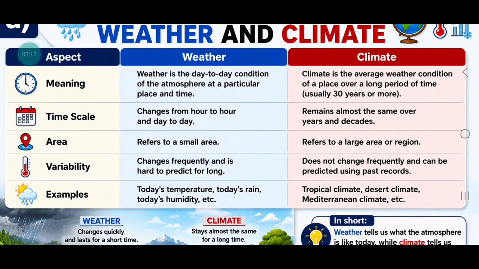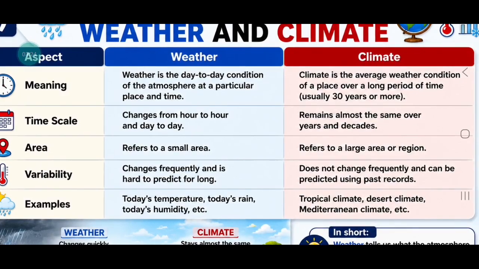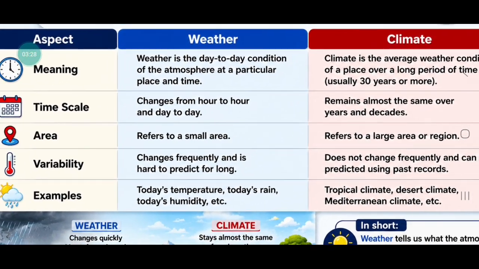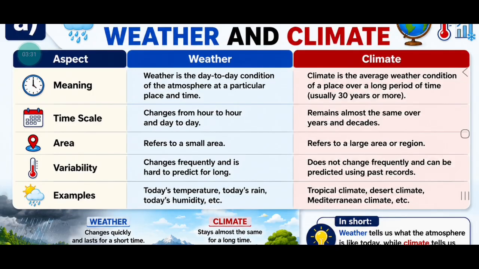Let's have a revision of this concept. Weather is an atmospheric condition, and climate is also an atmospheric condition. But weather prevails for a short span of time, and climate prevails for a longer duration of time. Area: weather prevails in a smaller area, in a city, in a town, and climate prevails over a large area, a country, a subcontinent, or a continent.